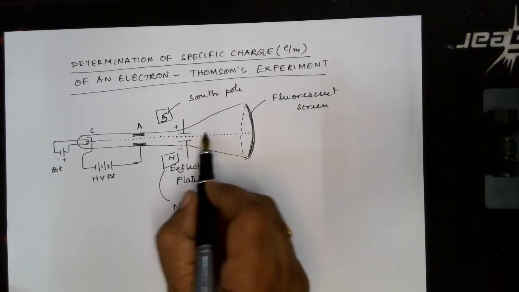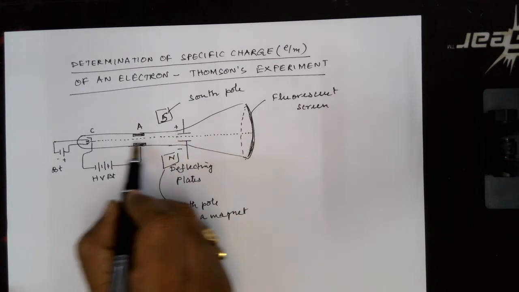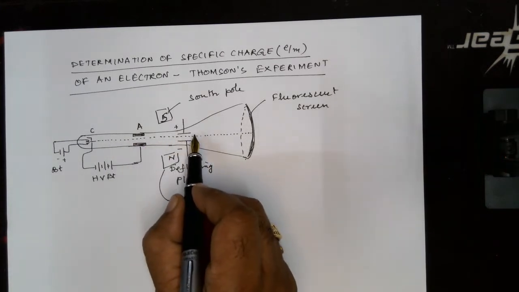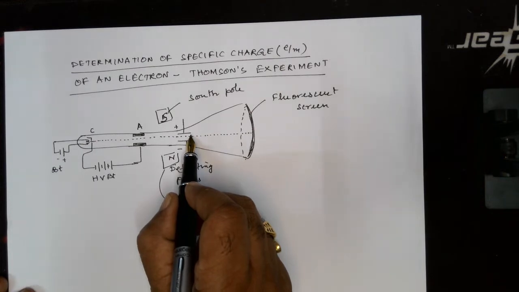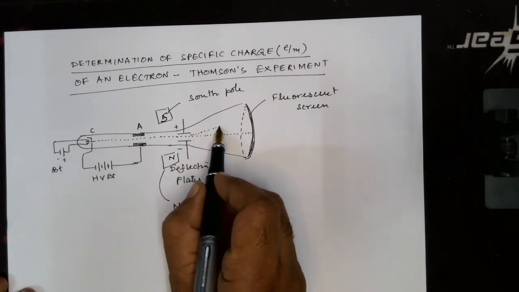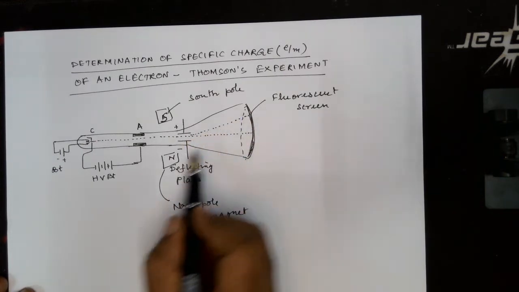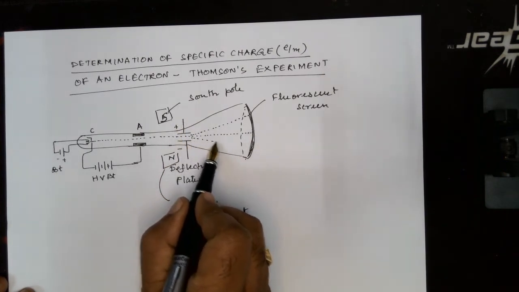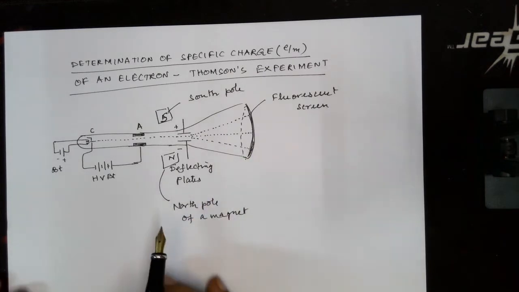If there is a current and being cathode rays, it gets deflected towards anode. When the poles are interchanged, it goes here. So there will be a deflection.